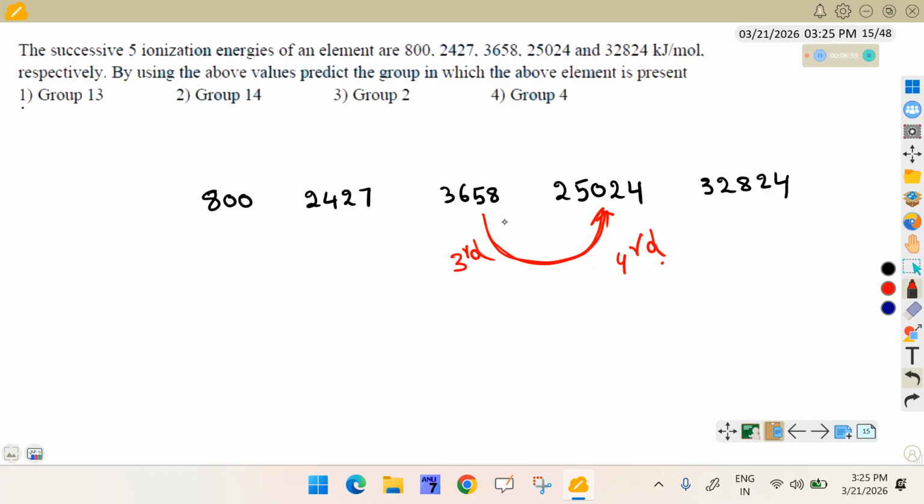So the element belongs to the 3A group, or 3A group elements are also called group 13 elements. Suppose the energy difference is more between the fourth and fifth, the element belongs to the fourth group, like that.